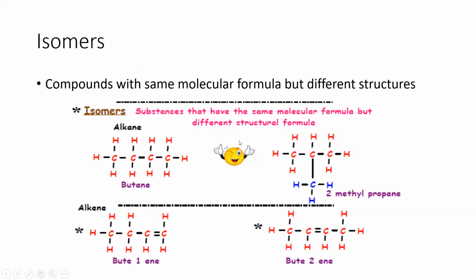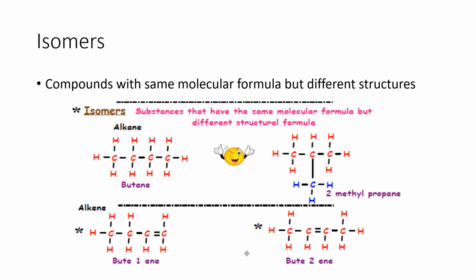Then what is the concept of isomer? Isomer means compounds with the same molecular formula but different structure. So if we have compounds that have the same molecular formula but different structure, we call them isomers.